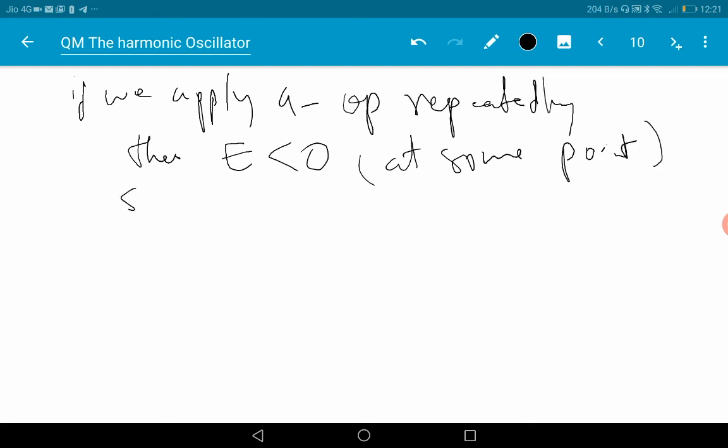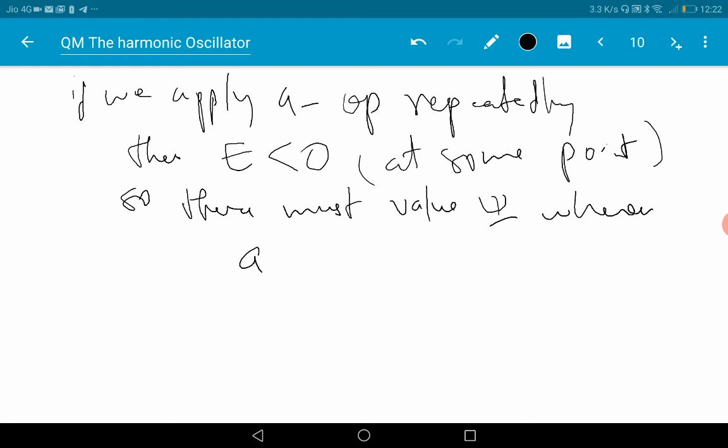So there must be a value of psi naught where a minus psi naught is equal to 0, with minus in subscript.